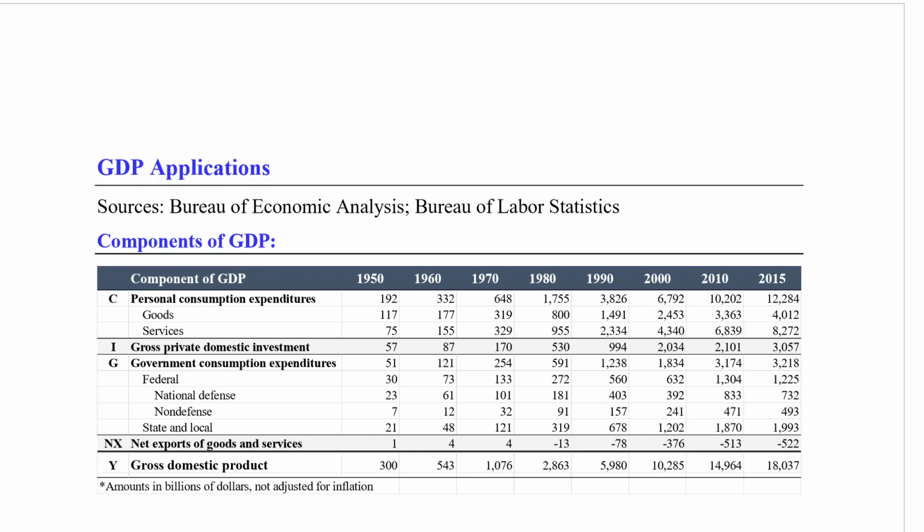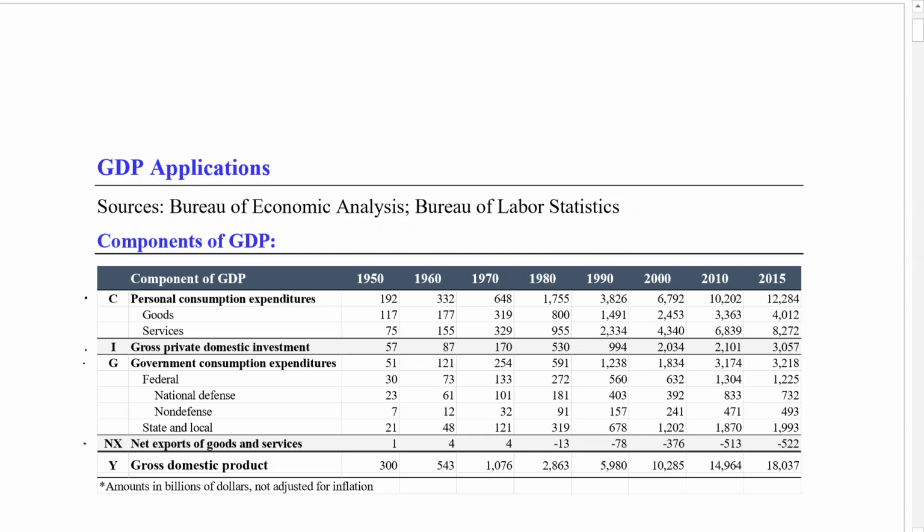So this first table here, we have the components of GDP. Remember, these are C plus I plus G plus NX: consumption, investment, government spending, and net exports, along with a little bit of sub-level detail on each of those.